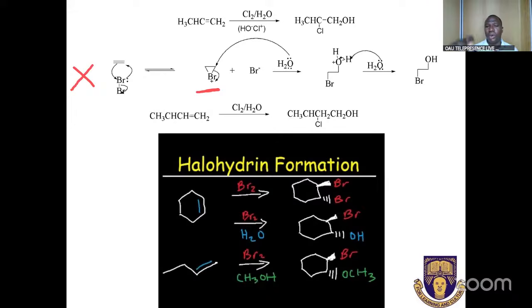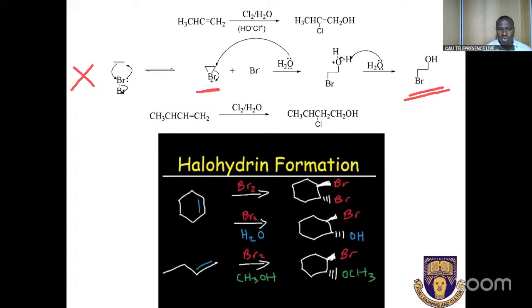But here, because water is available and it's more nucleophilic, the water tends to attack at that opposite position, giving rise to an anti-addition. So it follows an anti-addition protocol leading to that as the final product of the reaction.